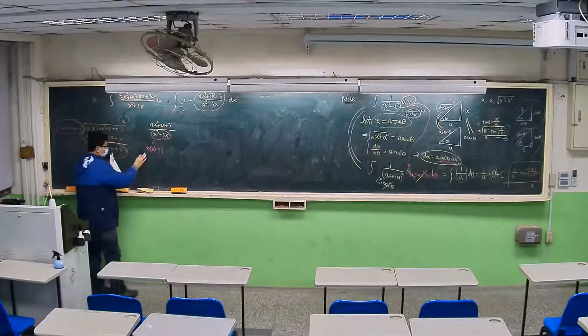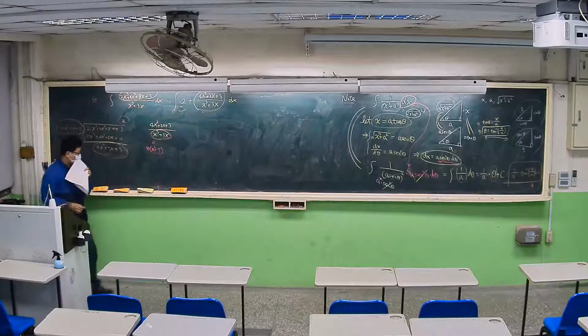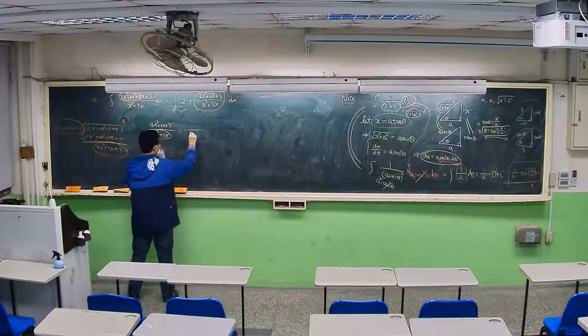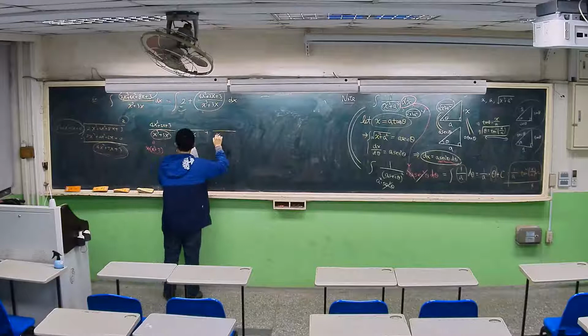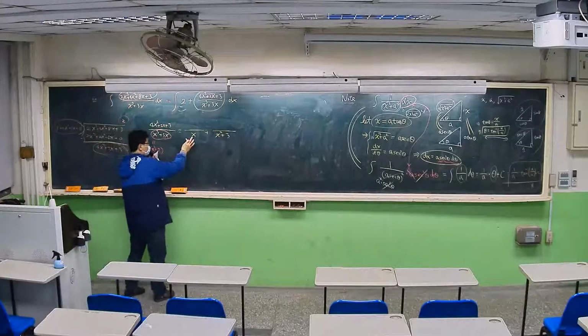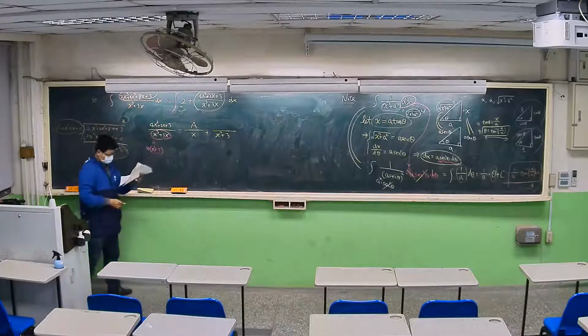This one is a linear factor and this one is an irreducible quadratic. So it must be of the form: separate x, and here x squared plus 3. For the linear factor, its degree is 1, so the numerator's degree is 0, so it's a constant A.